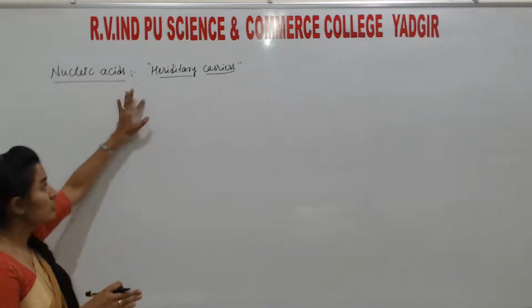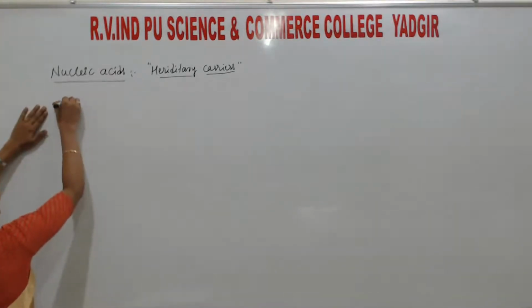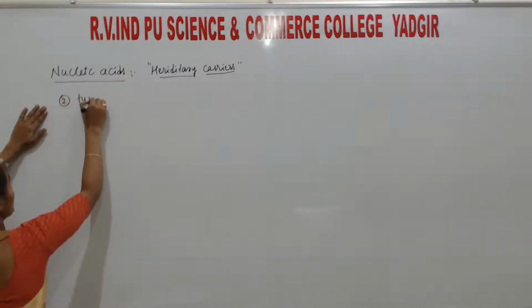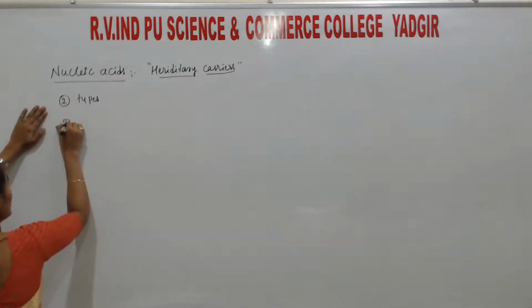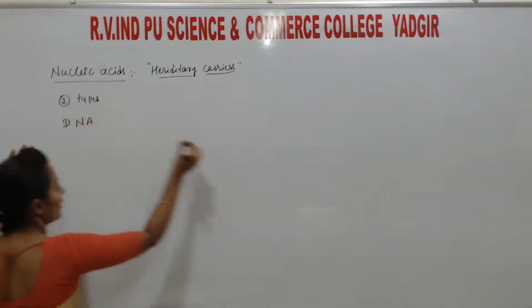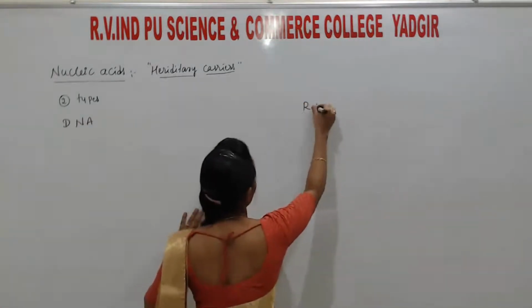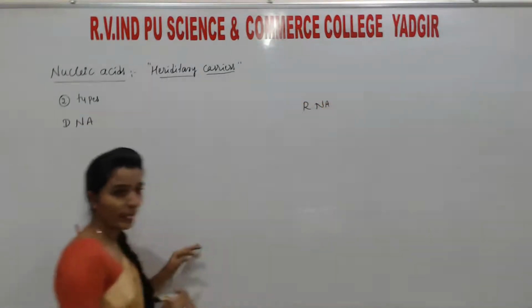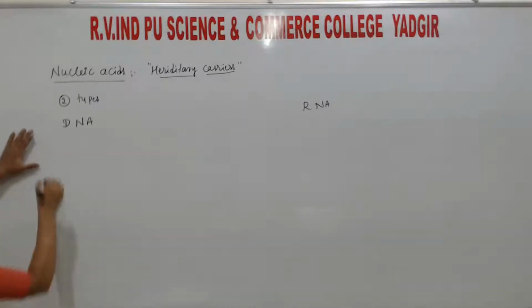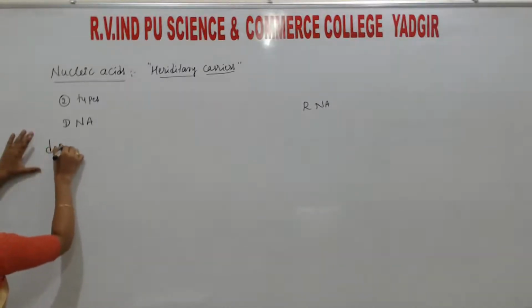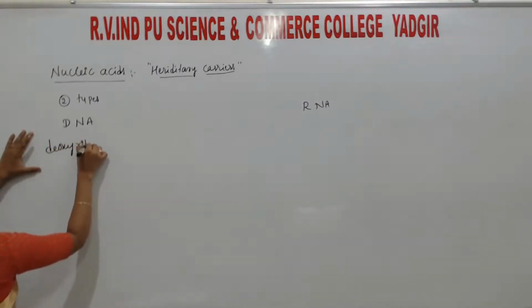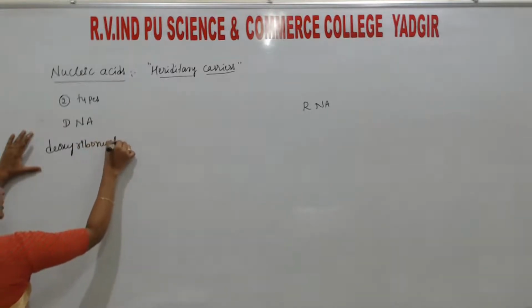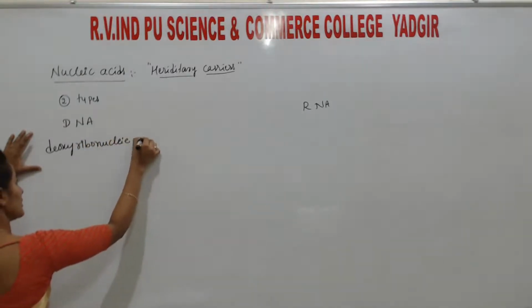Nucleic acids. So students, nucleic acids are of two types. One is DNA, another one is RNA. Okay, so what is DNA? This is deoxyribonucleic acid.